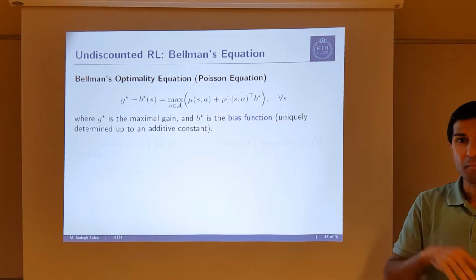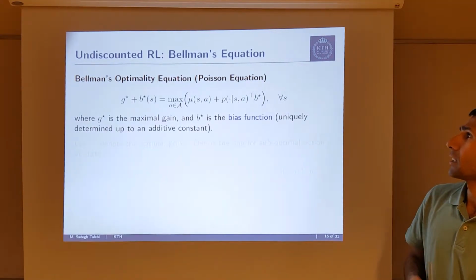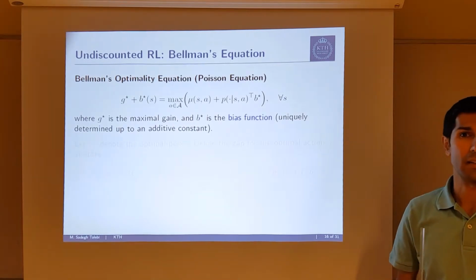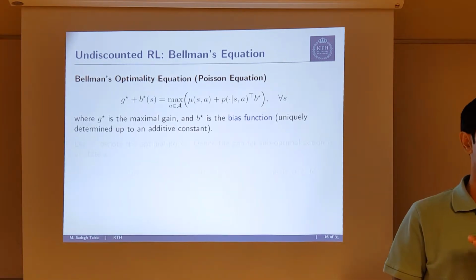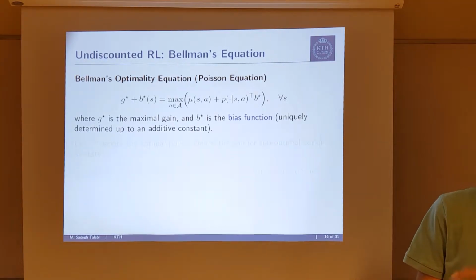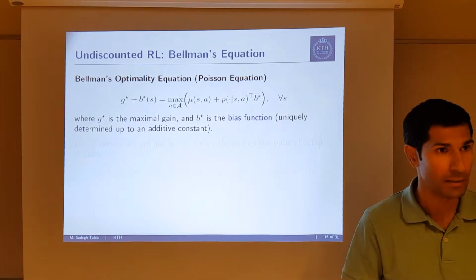So we need a little bit of preliminaries. We talked about G star. We talked about the optimal policy, but you should know how you would compute it if you know the MDP.